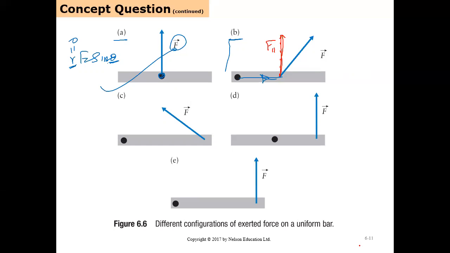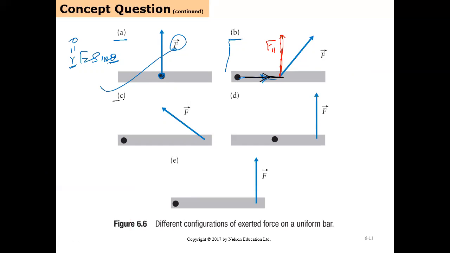The parallel component will have no effect. So the torque will be the perpendicular component multiplied by the blue arrow R. Let me use a black arrow for the R. The torque will be the black line multiplied by the red line. We don't have numbers, so let me leave it there.